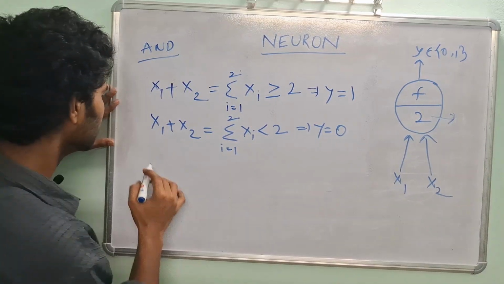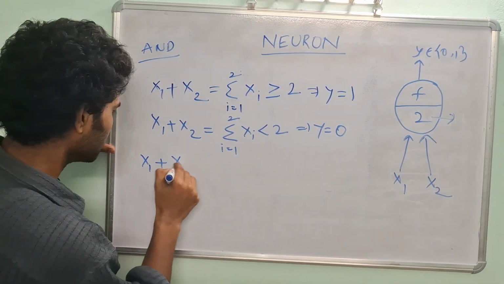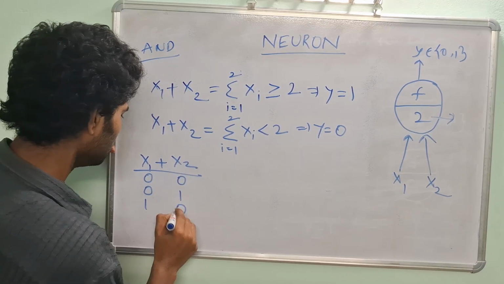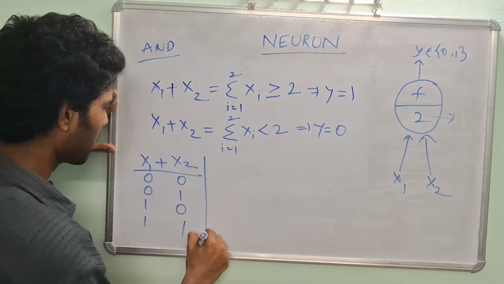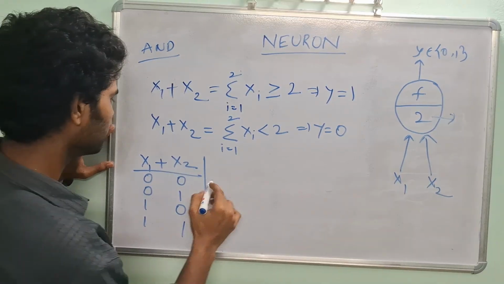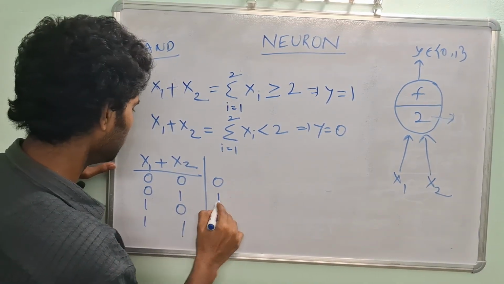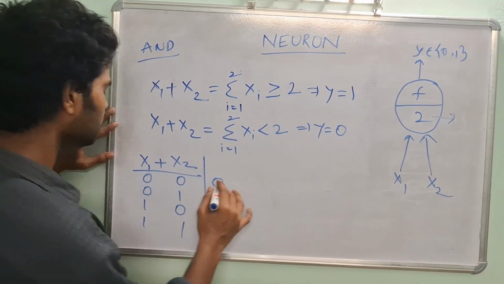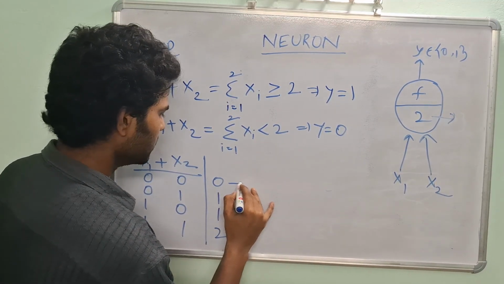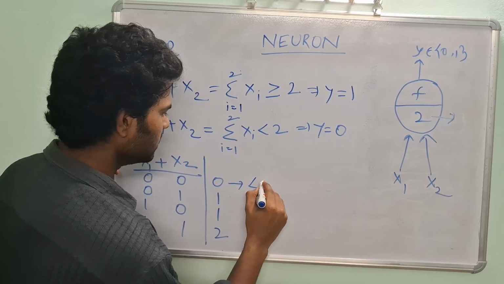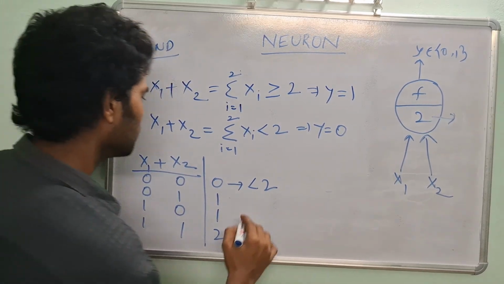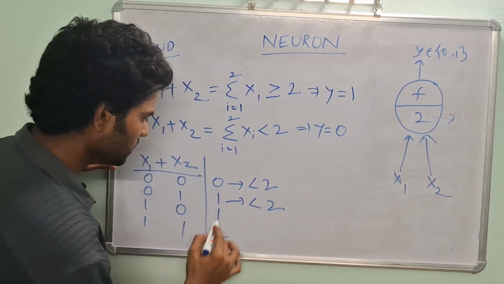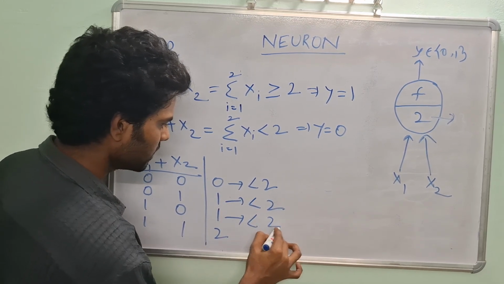So we will see the table. x1 plus x2: 0, 0; 0, 1; 1, 0; 1, 1. 0 plus 0 is 0, 0 plus 1 is 1, 1 plus 0 is 1, 1 plus 1 is 2. Here 0 is less than the threshold value, and here also 1 is less than the threshold value, and this 1 is also less than the threshold value.